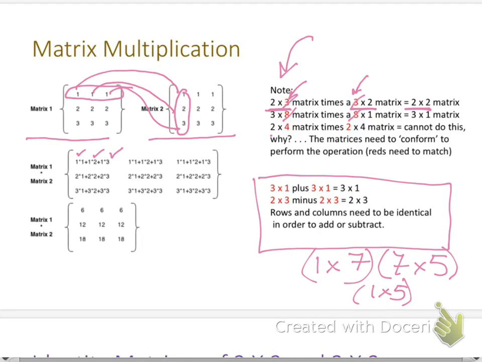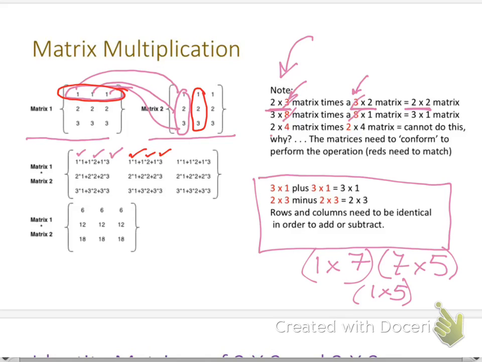Okay, now let's do the second multiplication. To get your second element, you're going to multiply the red, so row by column. That will get you the second element. So 1 times 1, and then 1 times 2, and 1 times 3.